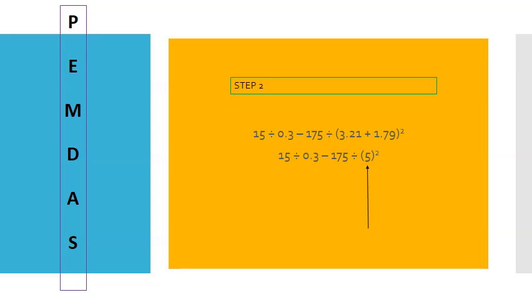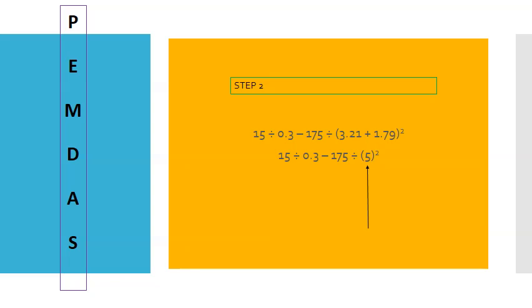The next thing it's asking us to do is look at any exponents in the problem before we even think about looking at any multiplication or division or addition and subtraction. We need to figure out the exponent first. Okay, so first things first. 5 to the 2 power, or 5 squared, is 5 times 5. And 5 times 5 is 25.